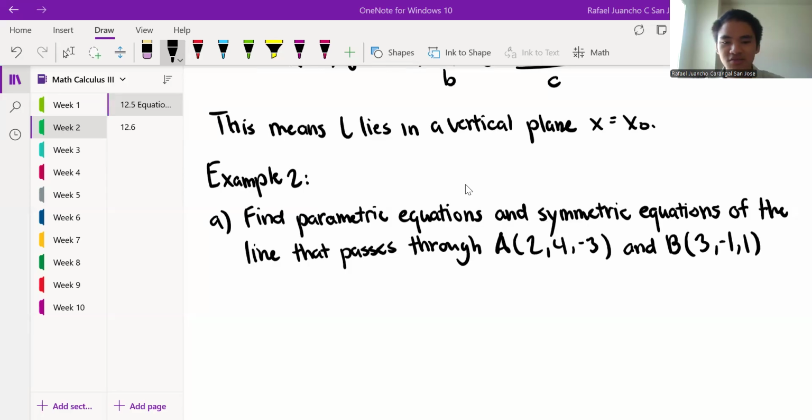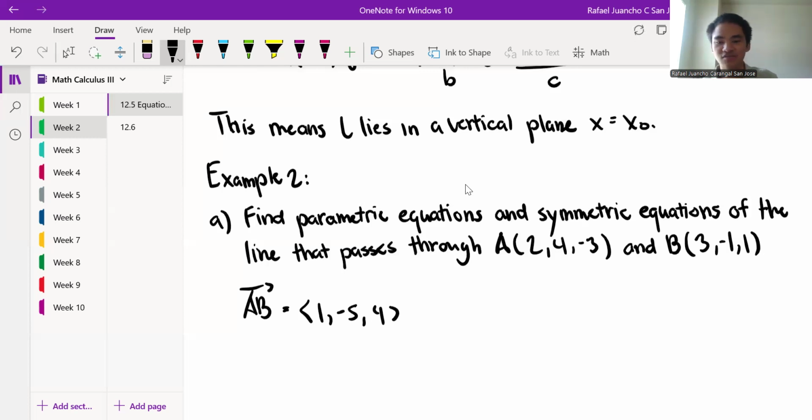So the idea here is we're trying to make a line that has points A and B, and it's a 3D line. And so we're probably going to represent that with a vector. So we want to find this vector that goes from A to B. And so again, how do we do that? We track the changes. So 3 minus 2 is 1, -1 minus 4 is -5, 1 minus -3, 1 plus 3 is 4. So those are the changes that you need to go from point A to point B.